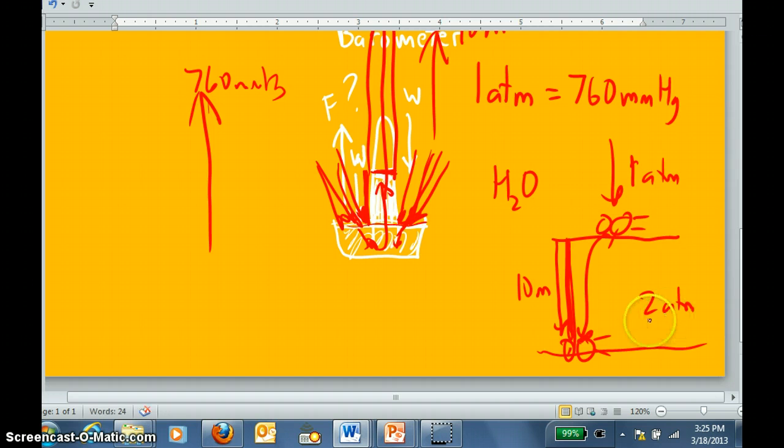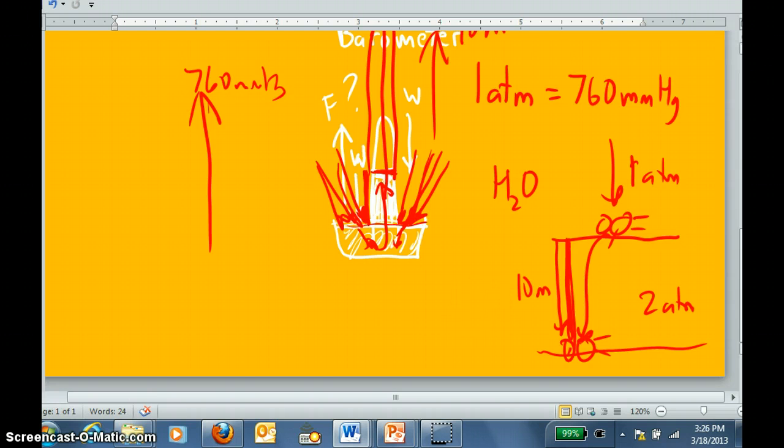You go down even further, 60 feet, you're at 3 atmospheres. At about 100 feet, you're at 4 atmospheres of pressure. And so, of course, you get greater and greater pressure. And if you go too deep, then of course even submarines can have their hulls crushed by the external pressure, the weight of all that water pushing down on them.